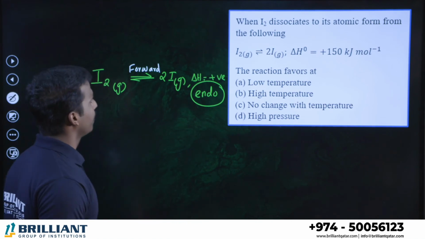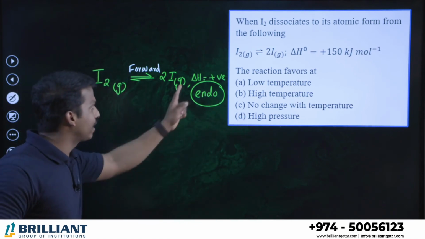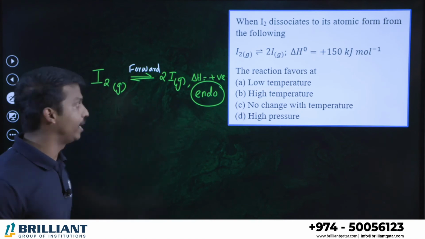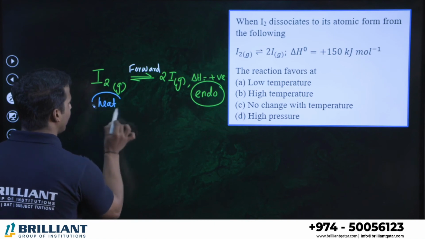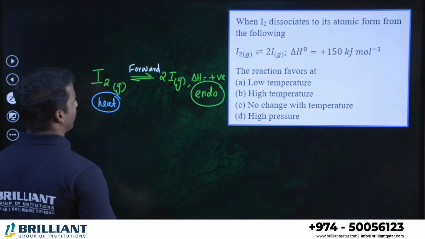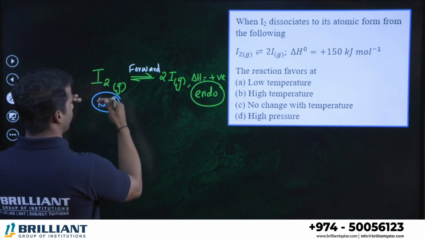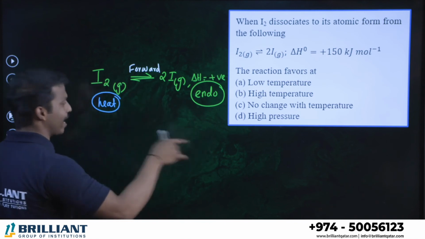Here this is an endothermic reaction, right? Because delta H is a positive value. We studied that in an endothermic reaction, heat is already on the reactant side. When you increase the temperature, the reaction shifts from higher heat to lower, meaning forward reaction. Yes, that's what we need.